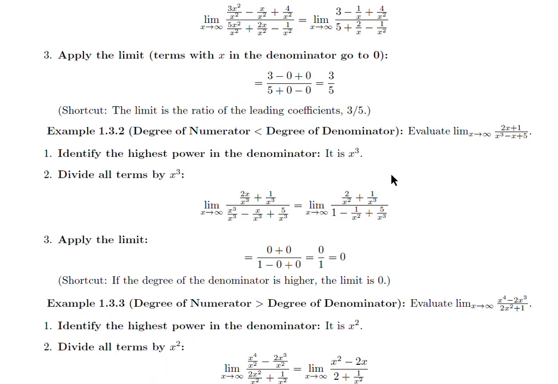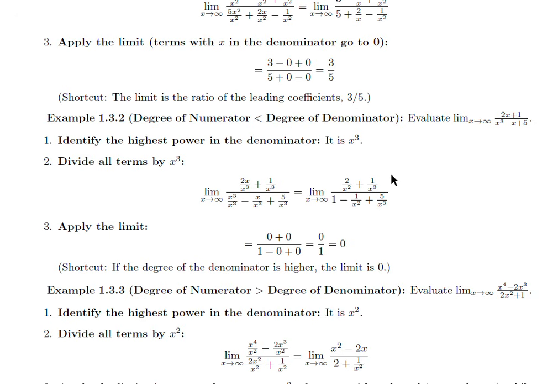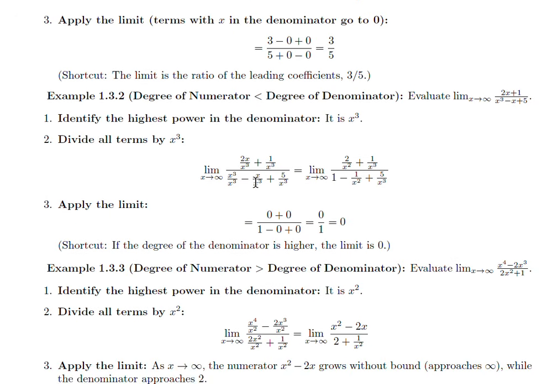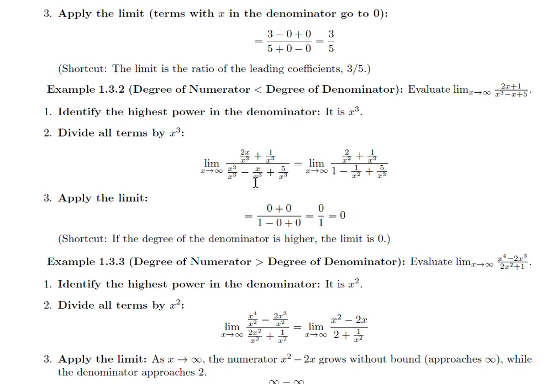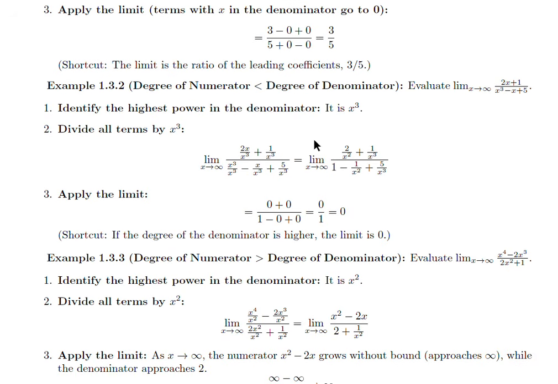Now we have another example where the power in the numerator is less than the power in the denominator. Our function is 2x plus 1 over x cubed minus x plus 5. In the denominator, which we are concerned with, the highest power is x cubed.